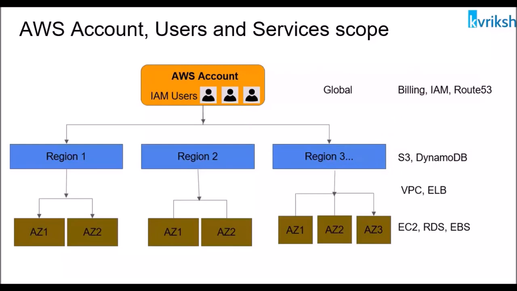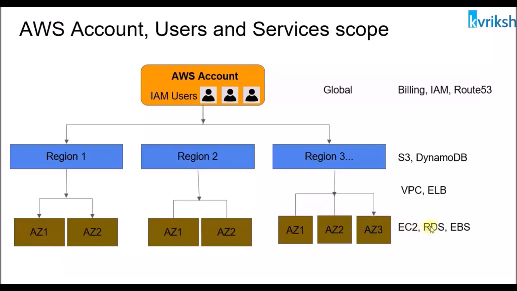Then there are further services like EC2, which is a VM, RDS databases, and Elastic Block Storage, like a disk. All of these work at AZ level. The scope of these services is the AZ level. That means one EC2 instance cannot be in two AZs at the same time. It would be in either AZ1 or AZ2 or AZ3, depending on where we are launching that machine.